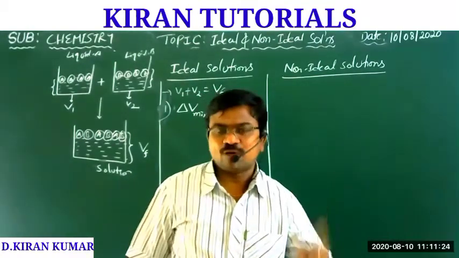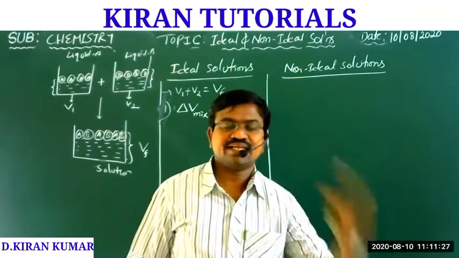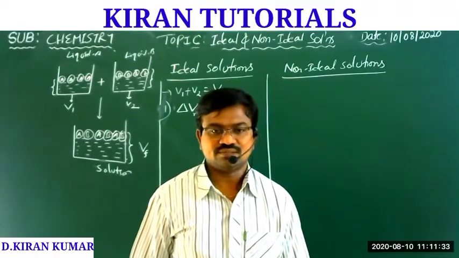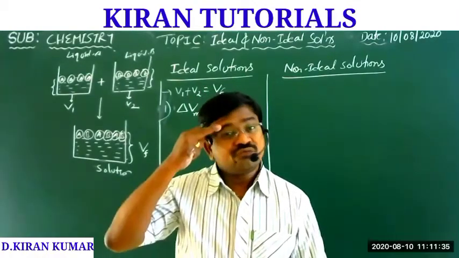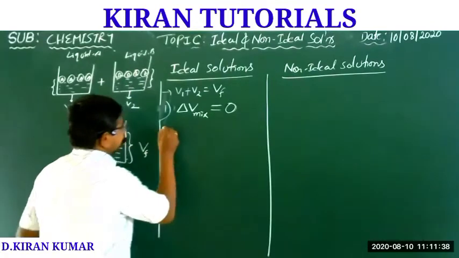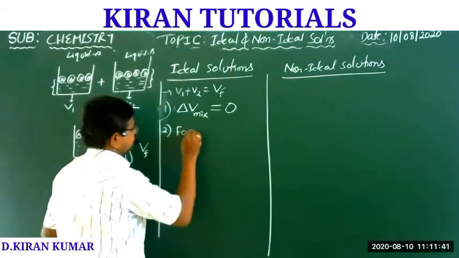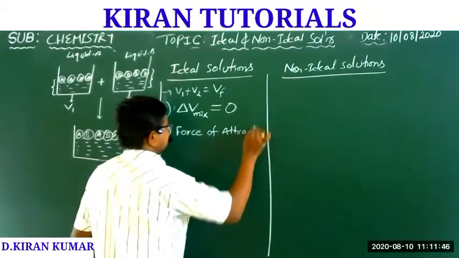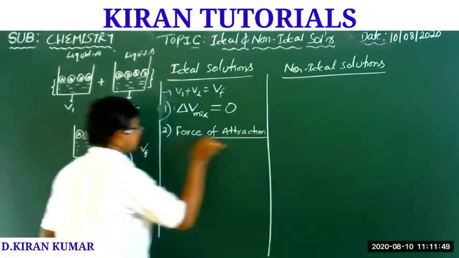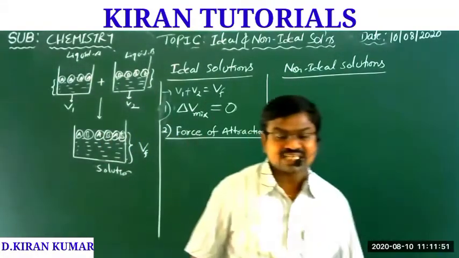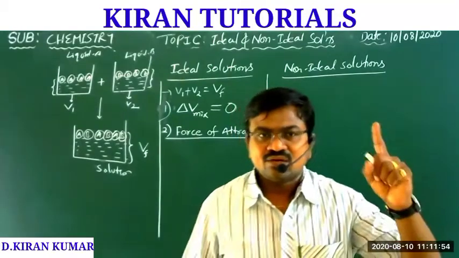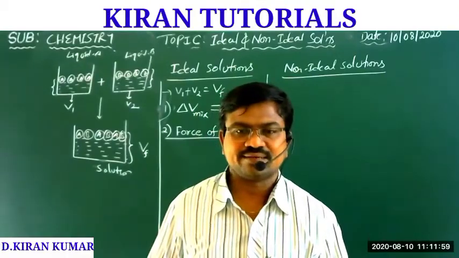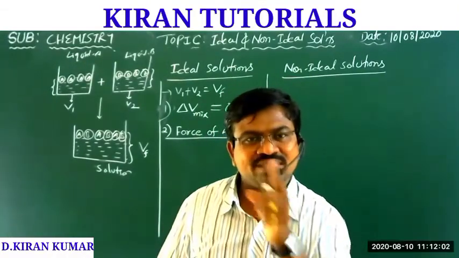That is the first condition: if the volumes are additive, that solution is called an ideal solution. Then the second point: force of attraction. What is the force of attraction? Here the first liquid is AA, the second liquid is BB.